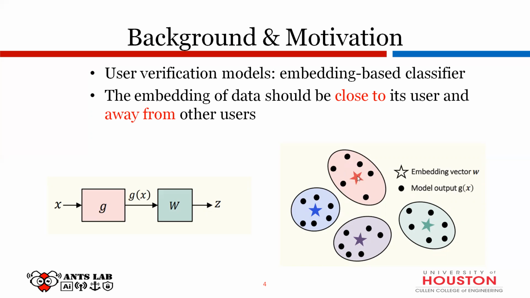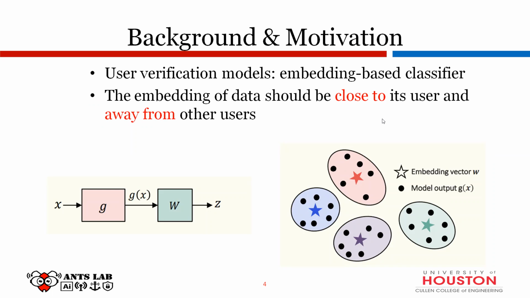All the dots that belong to a user should be close to that user and at best far away from all other users. So this is the basic concept of user verification models. They use the embedding.